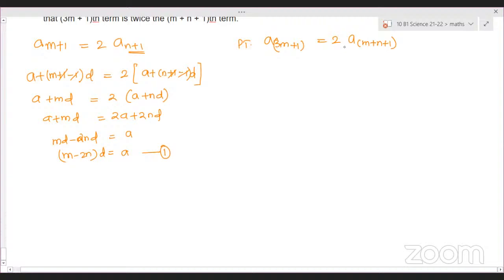Now we'll try LHS and RHS. LHS: the 3m plus 1th term is equal to A plus 3m plus 1 minus 1 into D. So plus 1 minus 1 cancels, 3mD. Now substitute the value of A from equation 1.